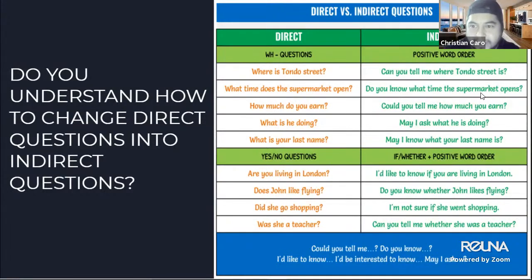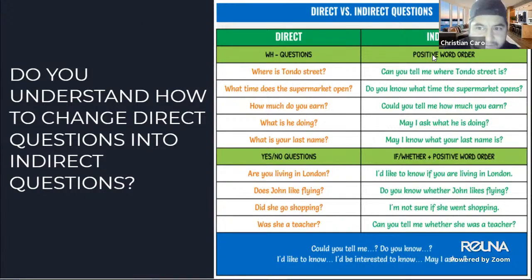So now I would like you to notice that when we end the indirect question, we can use, of course, the same words or similar words as in the direct question, but we change the order.